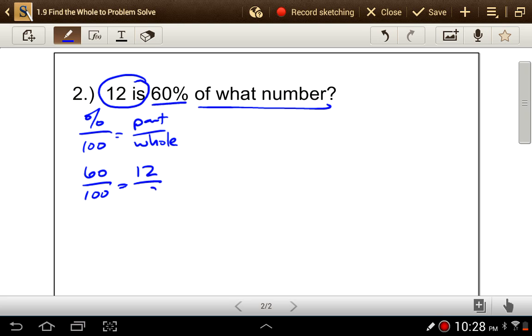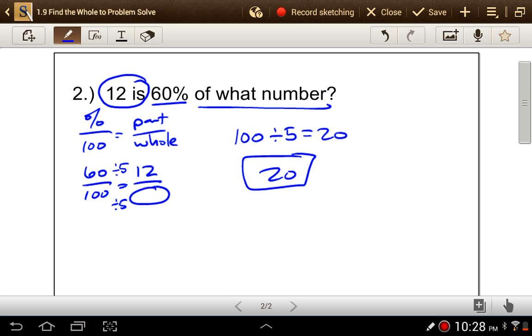I don't know. How do I go from 60 to 12? I divide by 5. Divide by 5 here. So the third step is to do 100 divided by 5, which is 20. So 12 is 60% of what number? That number is 20. So again, setting up equivalent ratios and then finding how we go from one part to the next.